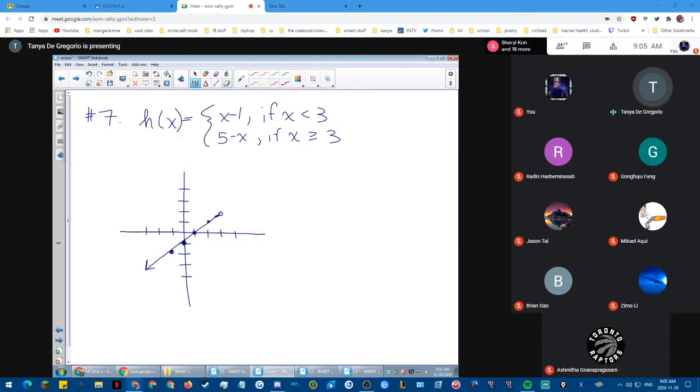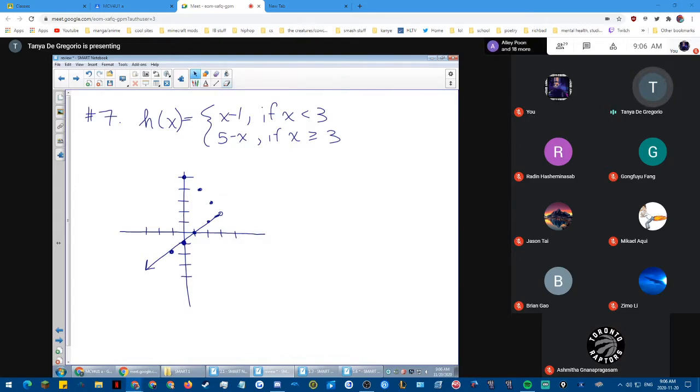Now when you have 5 minus x, now you have a y-intercept of 5, and you're going down 1 over 1. That's why we don't have a hole. So look what's happening here.